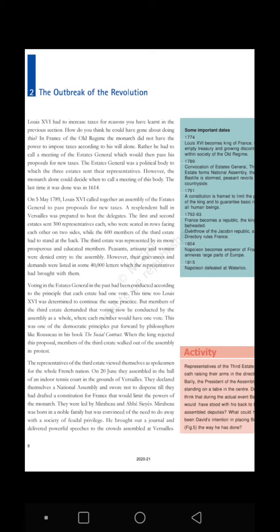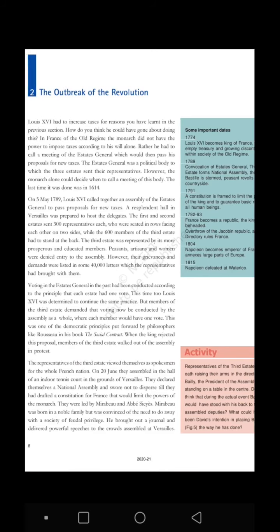Activity. Representatives of the third estate take the oath, raising their arms in the direction of Bailly. The president of the assembly stands on a table in the center. Do you think that during the actual event, Bailly would have stood with his back to the assembled deputies?